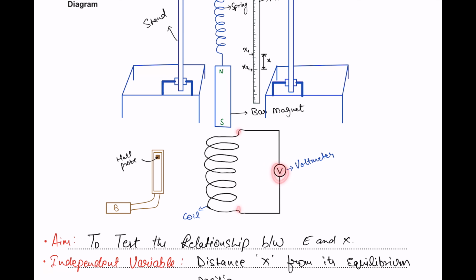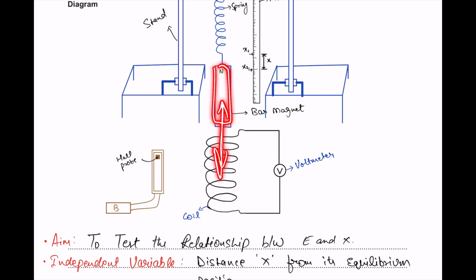By the deflection in the voltmeter needle, we can calculate the maximum EMF, how much the needle has maximum deflected. And this process is so quick that for our human eye it is very difficult to realize what is the maximum EMF induced when I just displace, because it will start oscillating.